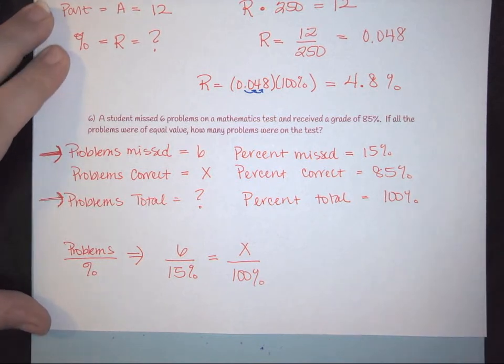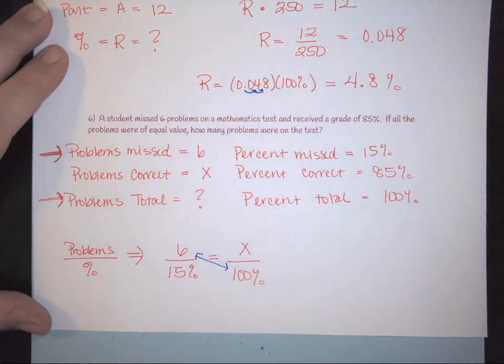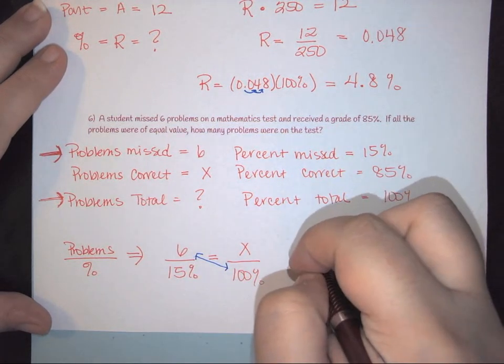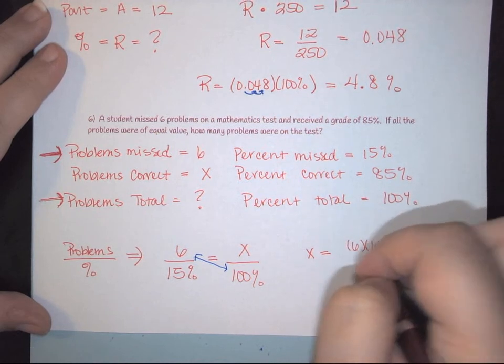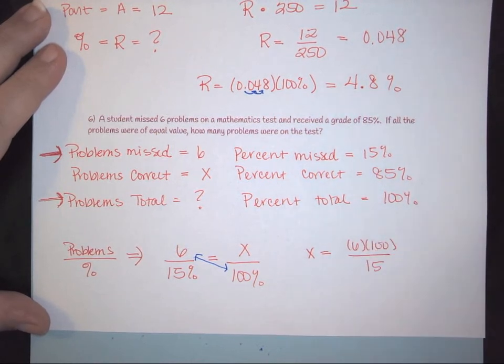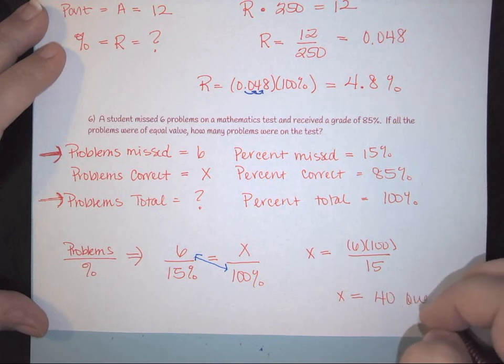So here, what we would simply do is we would be able to use the idea of your cross product. So here we have that x is going to be 6 times 100 divided by 15. So x is going to give me 40 questions.